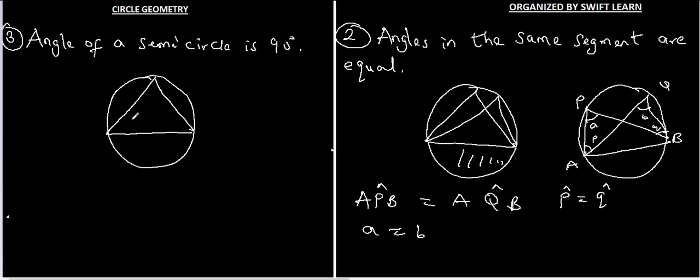A semicircle is half of a circle. For example, if you are playing football, we use the word semi-finals. It means a game to the final. So this is a circle, half of the circle. Some questions will call it the diameter of a circle. That means the angle of the semicircle, the angle facing that center, are you listening, is 90 degrees.